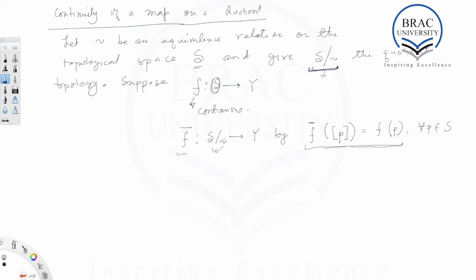If the function is not constant on that equivalence class, then f will have more than one value at the same point, which will violate the definition of a function. So in order to have f bar well defined, we need the assumption that f is constant on each equivalence class in this quotient space. Okay, good. So this is how we have this new function induced from the old function f.